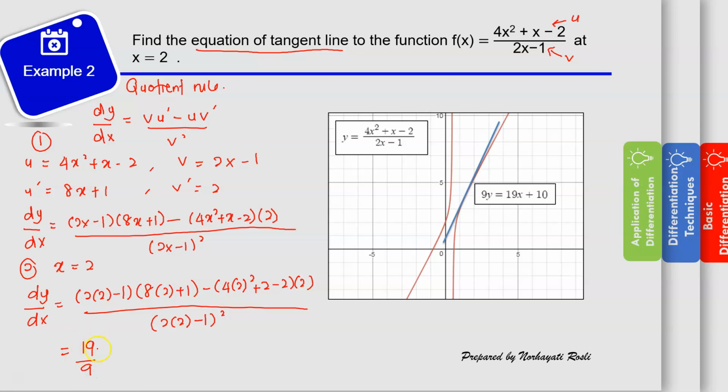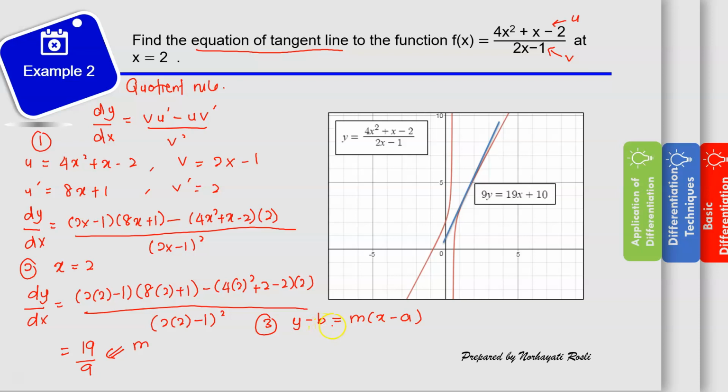But it is not yet finished, because this question asks us to find the equation of the tangent line. Now we have here a slope. So our step number 3 here, we need to substitute the value of a and b, also our gradient, into the equation y minus b equal to m(x minus a). m is given by this dy/dx.